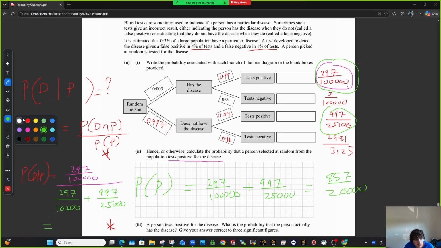This here works out, I'll write it in red maybe, so 297 over 4285, right? I'd write that first, and then I'd write that this is equal to, give your answer correct to three significant figures. So what this means is, when I type this out, this is 0.0693, and I'd stop there. So this is 4 decimal places, but this is 3 significant figures.